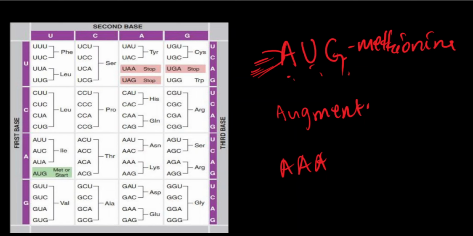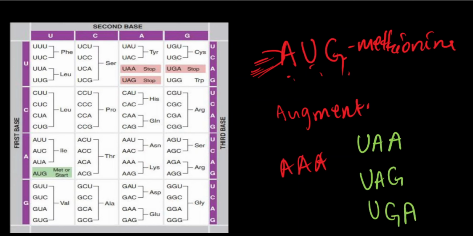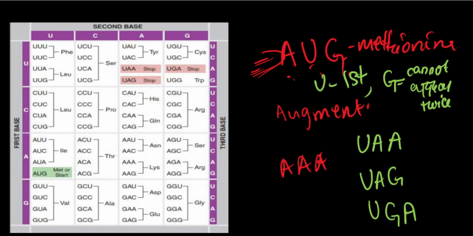Basically we have three stop codons. We have the UAA, the UAG, and then the UGA. Now how I remember it is this: U is always first. The next rule I used to remember these stop codons is that G cannot appear twice, and A can appear twice.